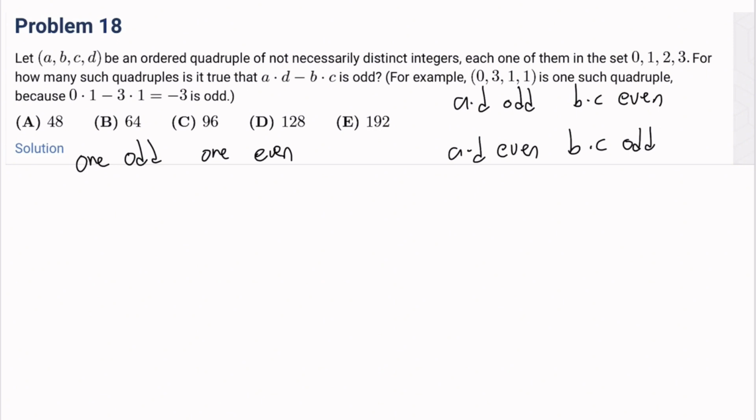So for one to be odd and one to be even, there are 16 total possibilities because there are 4 choices, since they are in the set 0, 1, 2, 3 and they are not necessarily distinct. So that's 4 squared equals 16 total possibilities.